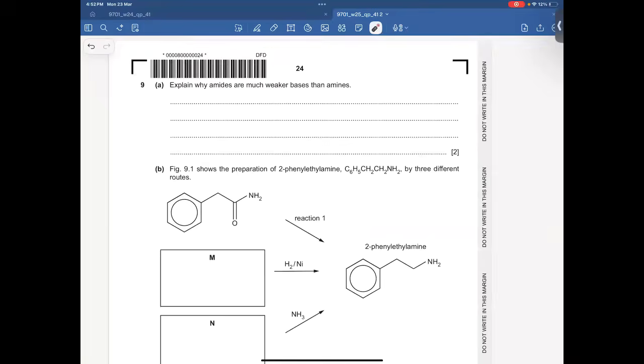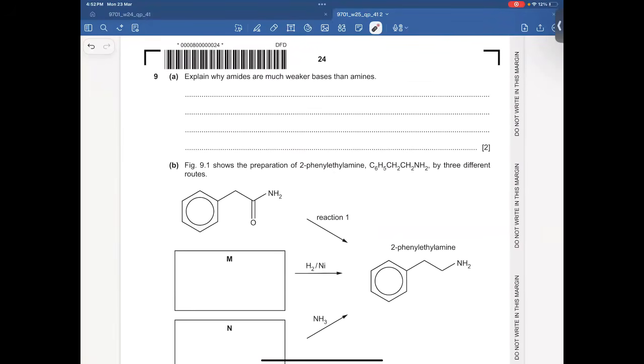Oh my goodness, that's a huge paper. Explain why amides are much weaker bases than amines.